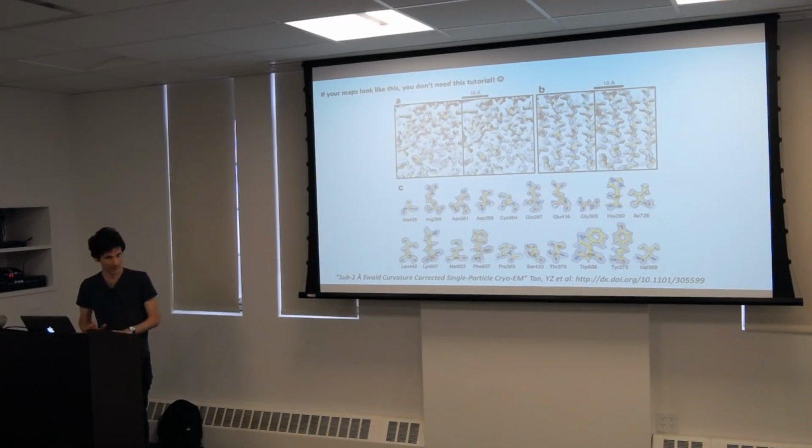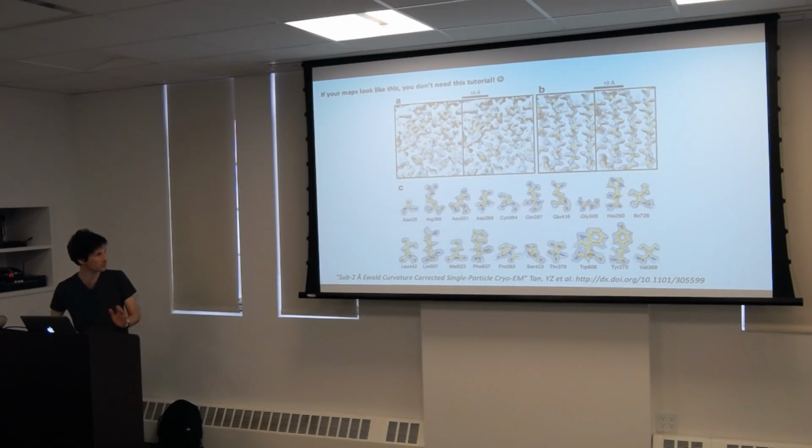And if your maps look like this, you probably don't need this tutorial, and you should take a look at this paper because it's really awesome, I think. You can actually see hydrogens here, at a resolution of 1.8 angstroms, which is unexpected coming from X-ray, but it's worth emphasizing because it shows that the maps we look at in EM are not actually electron density maps per se.